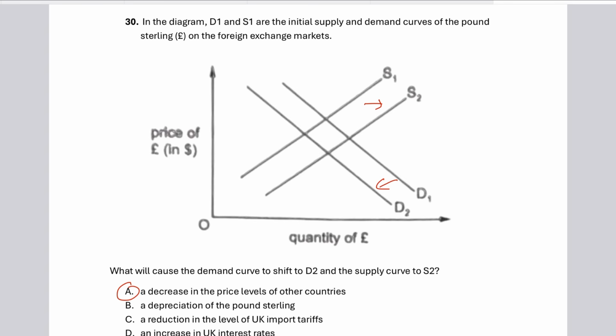At the same time, since inflation in the other countries is falling, they will import less from you now. Those goods that they used to import are now already cheaper in their own countries, so demand for your country's currency will fall. So demand for pounds will shift to the left, and hence supply of pounds will shift to the right. That's what makes A for Alpha the correct answer.